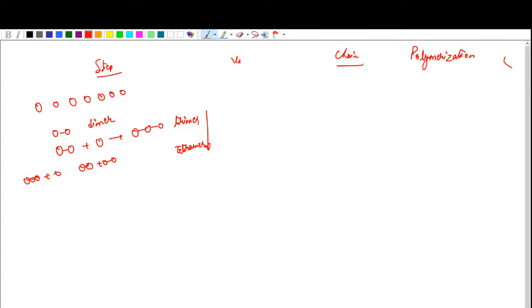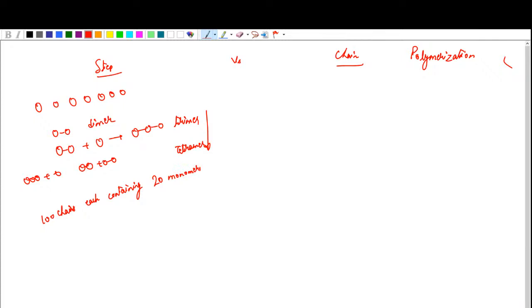And given that most of the time the affinities are quite similar for these reactions, you end up forming maybe 100 chains each containing, on an average, maybe, I mean these are random numbers I'm saying here, but each containing maybe let's say 20 monomers, right?